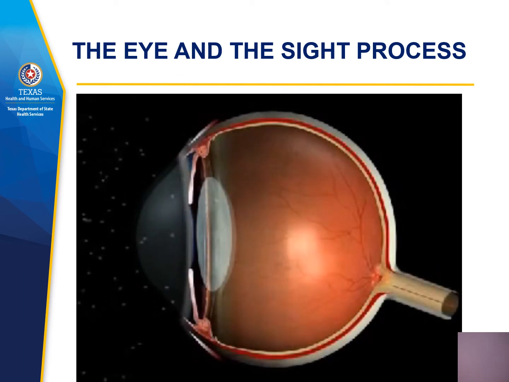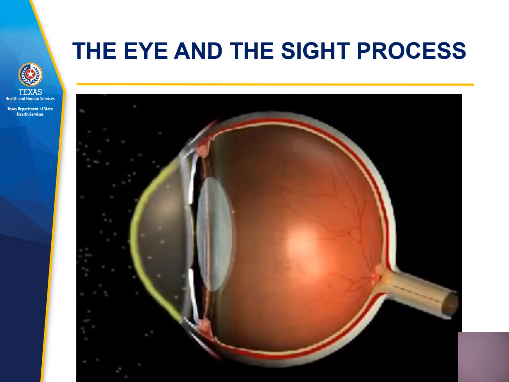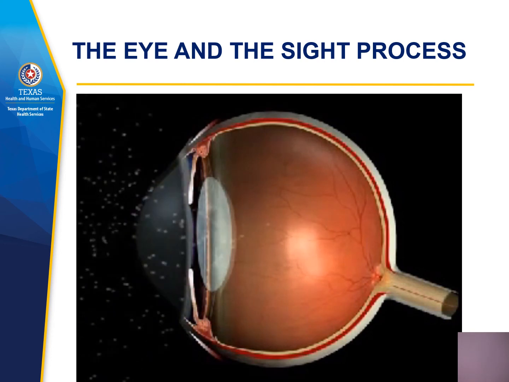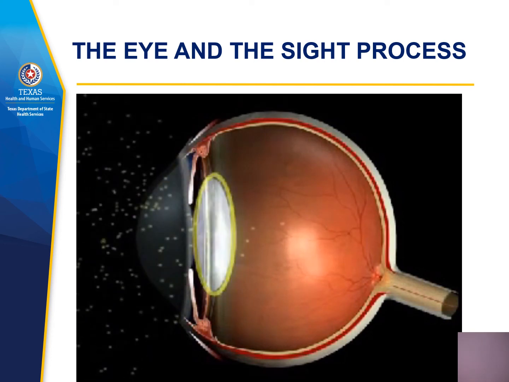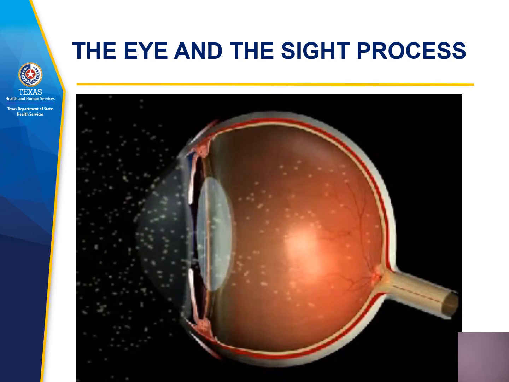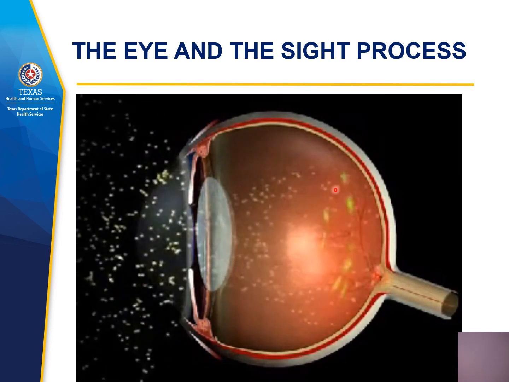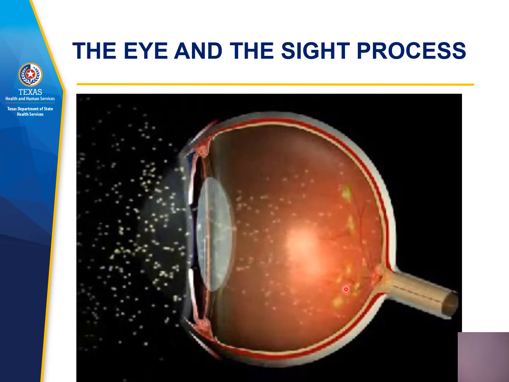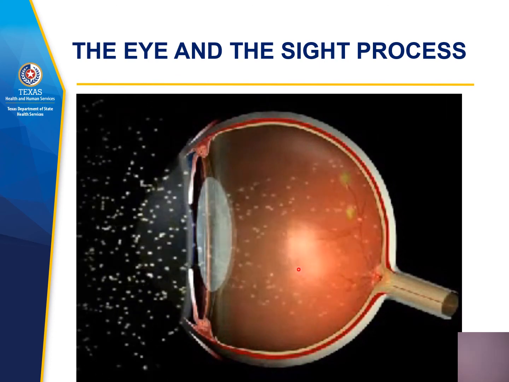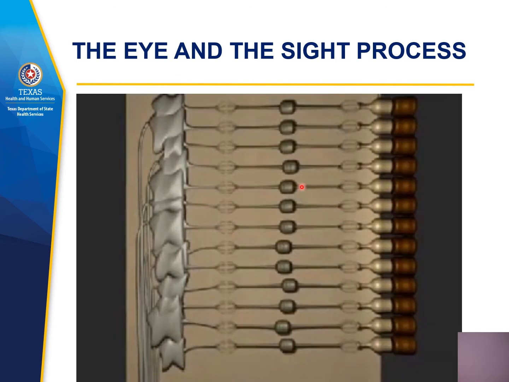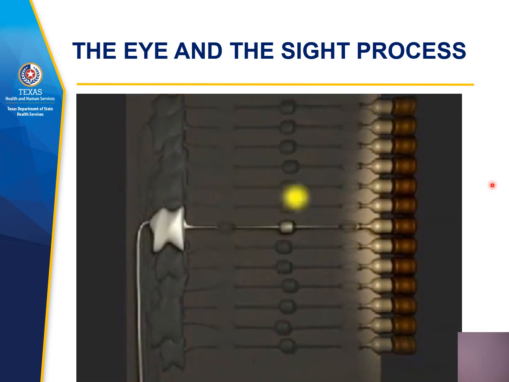First, the cornea, located at the front of the eye. Then, the crystalline lens behind the pupil. Then, the vitreous body in the middle of the eye. Finally, they reach the retina, the eye's photographic plate, stopping at the retinal pigment epithelium, where they set off nerve pulses.